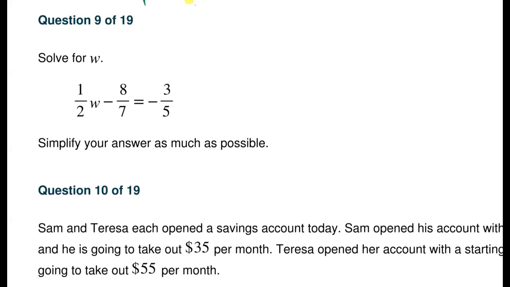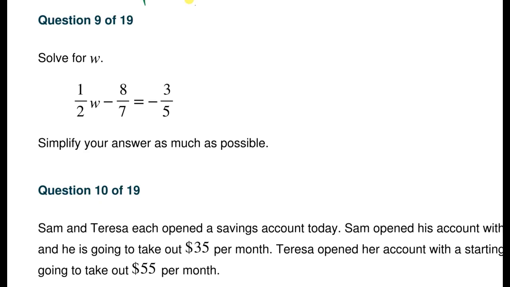Okay, 1/2 w minus 8 over 7 equal to -3 over 5. Alright, so you may want to take note or write this one down on a flashcard. There are 2 ways of doing this. I like to choose the easy way. I want to get rid of all fractions by finding the least common denominator.